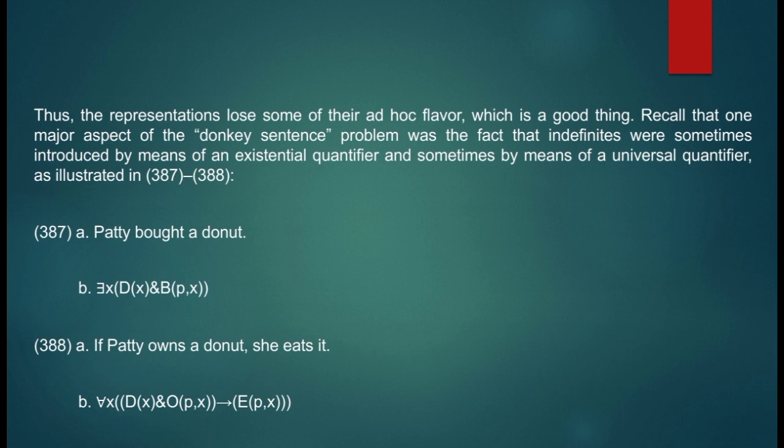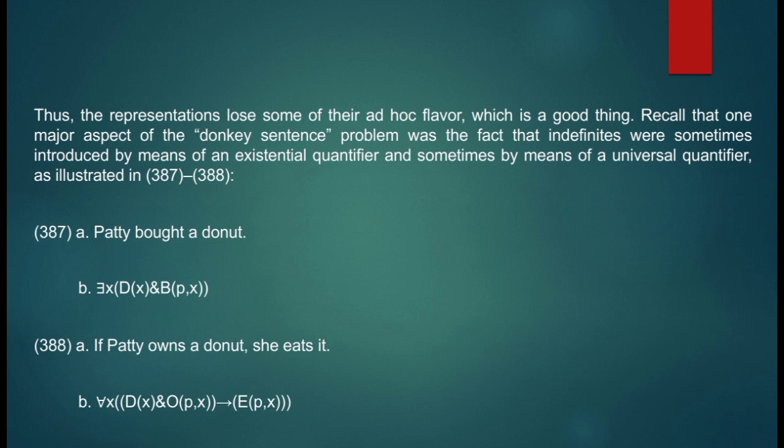Recall that one major aspect of the donkey sentence problem was the fact that indefinites were sometimes introduced by means of an existential quantifier and sometimes by means of a universal quantifier, as illustrated in 387 and 388. So the notations in 387b and 388b seem to represent the respective sentences well enough, although as noted above the representation in 388b seems to be more about the donut than about Patty, which might cause us some discomfort.